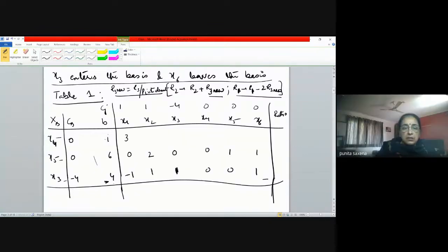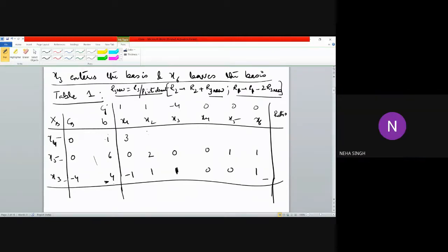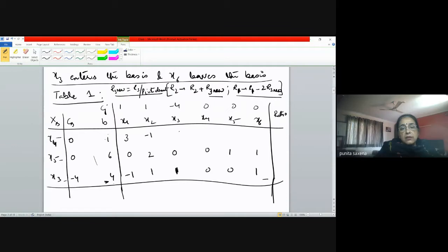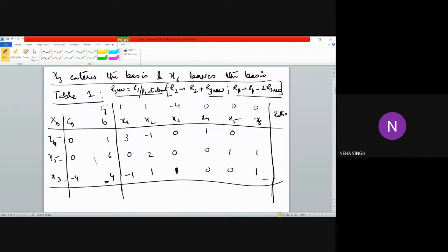So 3, 0, minus 1. Then next is going to be 1 minus 2, that is -1. Then this will be 0. X4 will be 1, 1, 0, X5 will be 0, and this is -2.